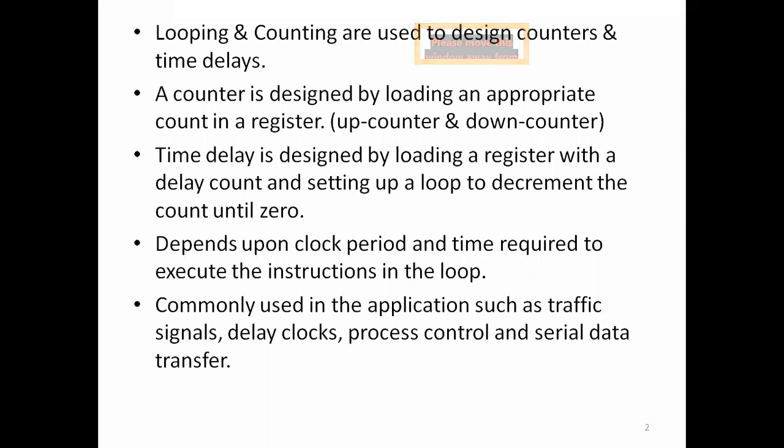Now, how to estimate the time whenever you are executing a program? We know that each instruction executed by the microprocessor requires certain time, and this time is measured in terms of instruction cycle.